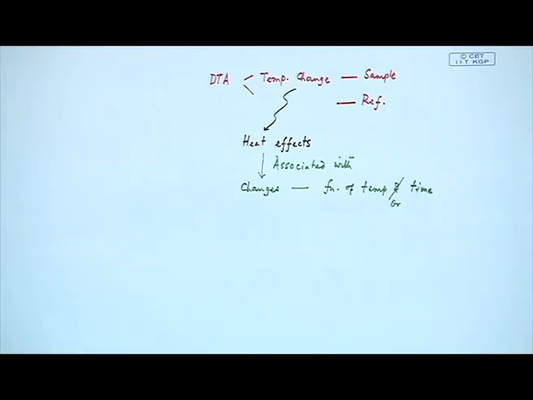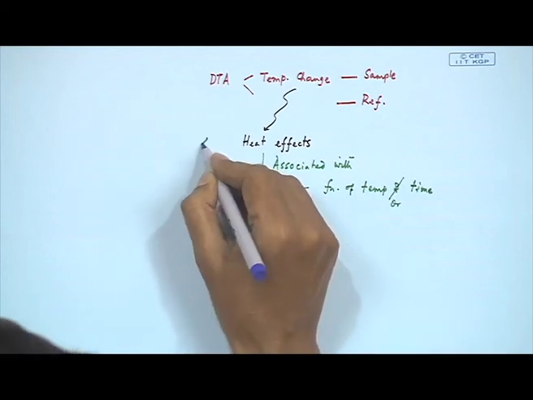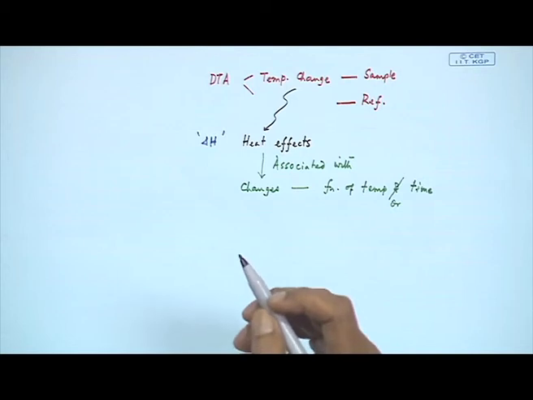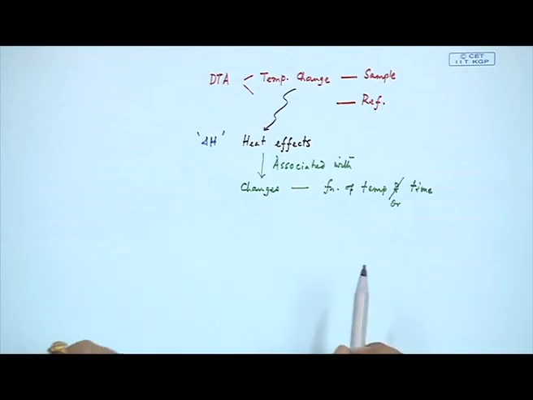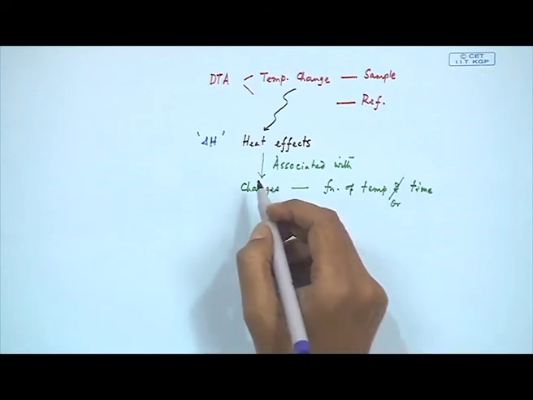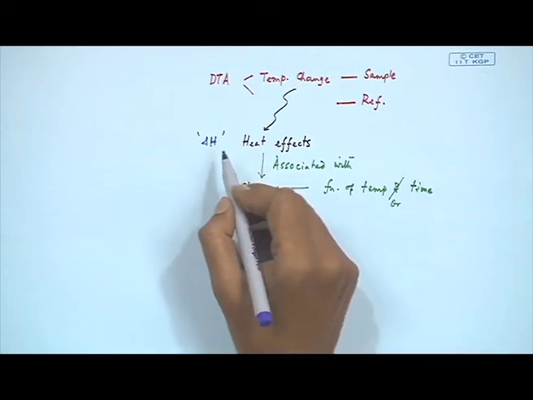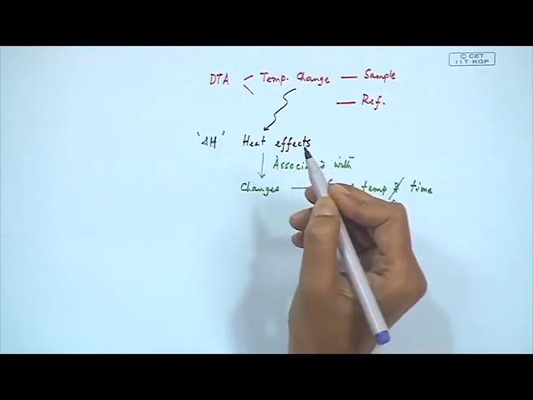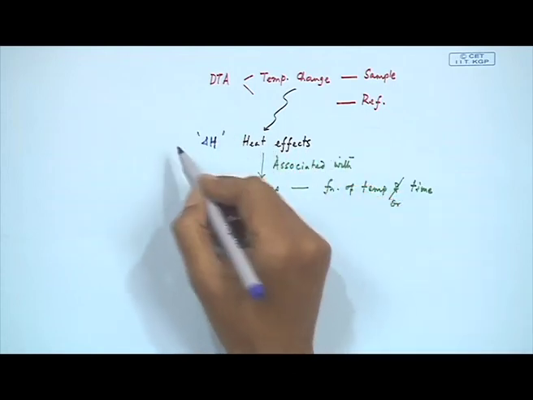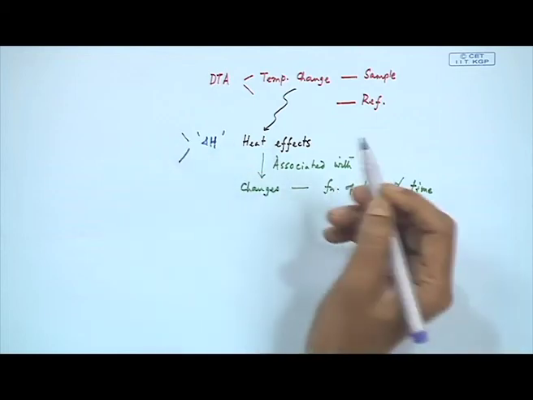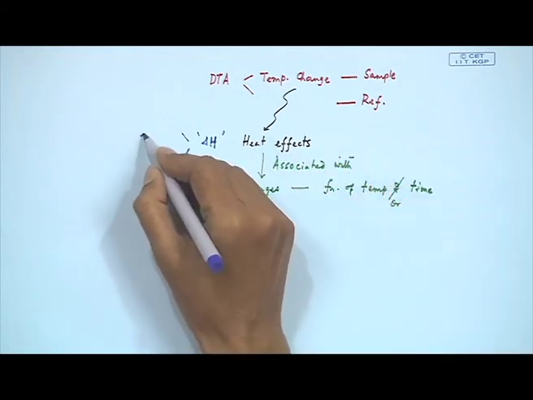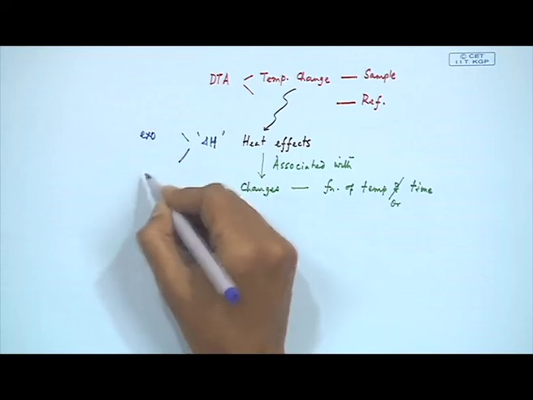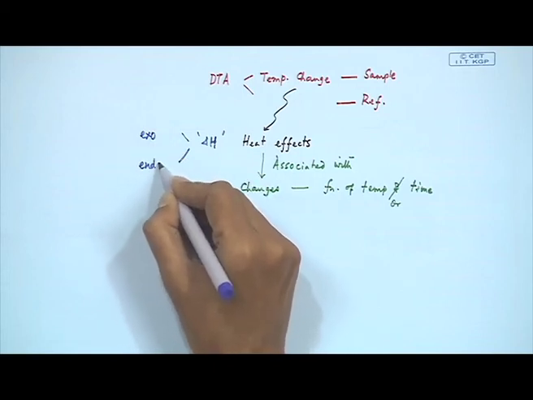So, what we basically look for in any reaction, we now have some idea about the delta H values, because we know that if there is equilibrium, we always talk in terms of the corresponding free energy change of the reaction, that means the delta G value. Now we will talk in terms of the corresponding delta H value, and this delta H value can be both ways, that means it can be exothermic or it can be endothermic.